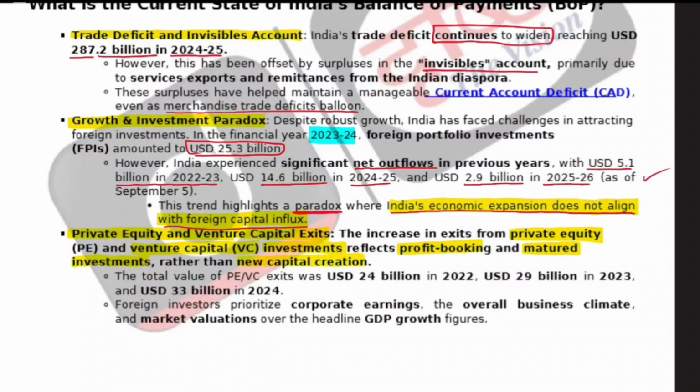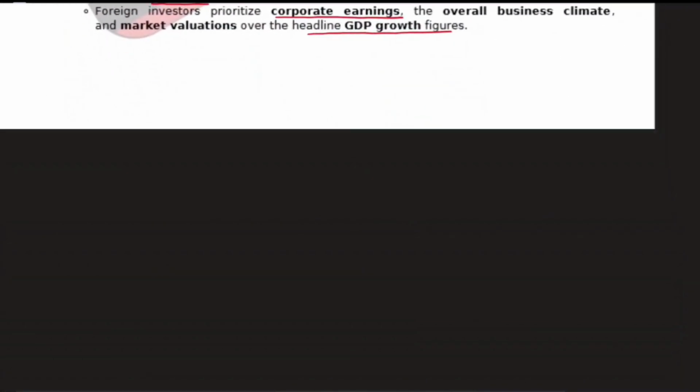The total value of venture capital exits was 24 billion US dollars in 2022, and in 2024, 33 billion US dollars. Foreign investors prioritize corporate earnings, overall business climate, and market valuations over headline GDP growth figures.